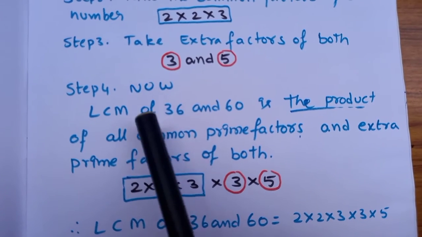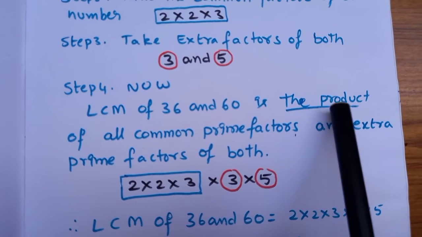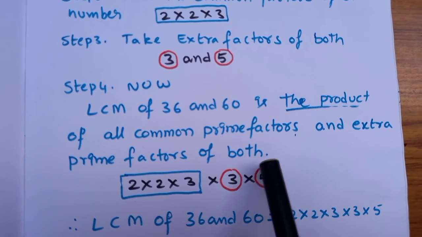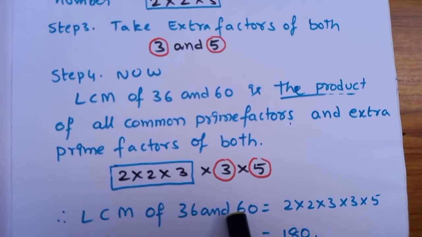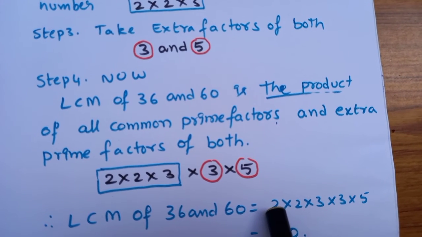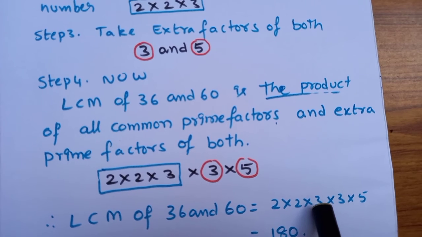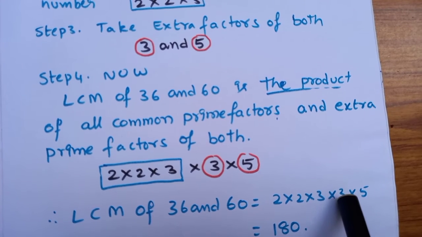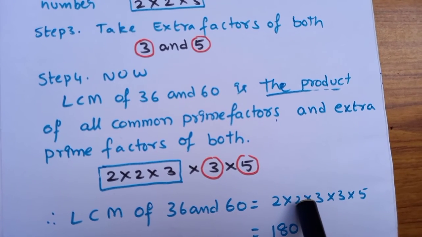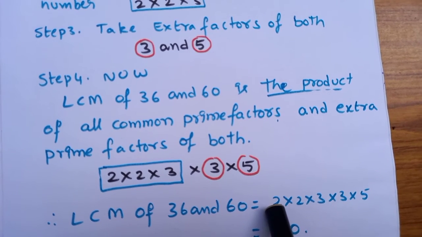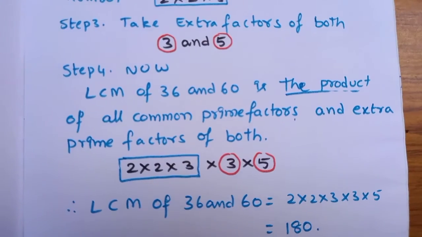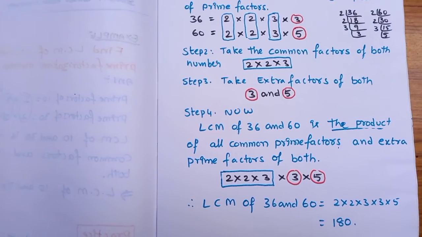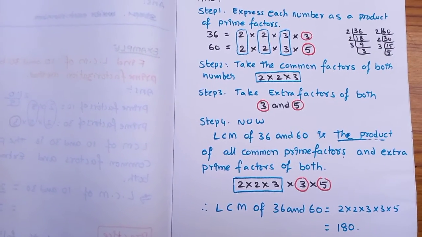So the LCM of 36 and 60 equals 2 into 2 into 3 into 3 into 5. By multiplying: 5 3s are 15, 15 3s are 45, 45 2s are 90, 90 2s are 180. This is the LCM of 36 and 60 by prime factorization.